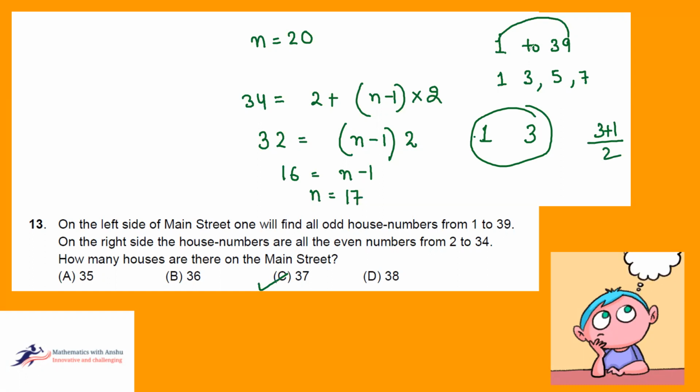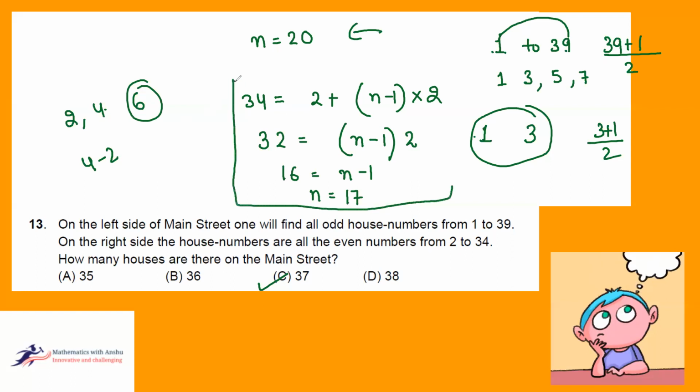So 39 plus 1, divided by 2, is 20. Now think of 2 and 4: how many numbers? For 2, 4, 6, divide the last number by 2, right? That way also you can do it, or you can do it just by the AP series. Using the AP series, you can solve the question, right?